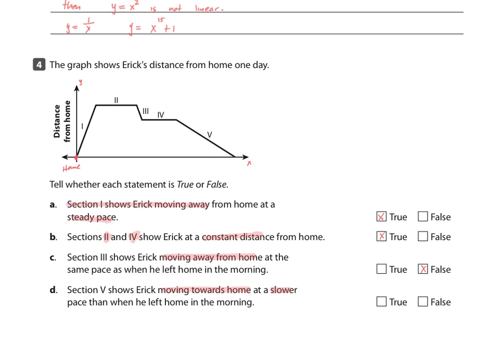It's not as steep as the morning. Okay? Maybe he's going to work and he woke up late, so he needs to go really, really fast. Now, when he's going back home, maybe he hit traffic. That's why he's taking a little longer. But you see, it took him a little longer to cover the same distance. So this statement is true.